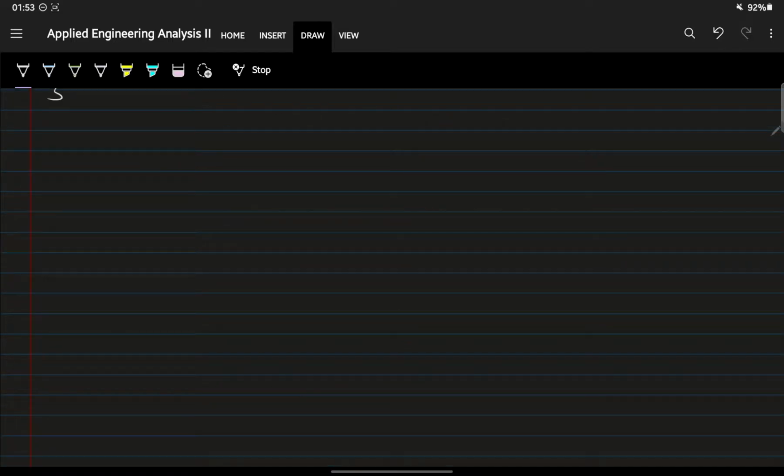Let us consider another example in type 2 in the parametric form. We need to evaluate the surface integral of y dS, where S is the portion of a cylinder given by x square plus y square is 3 that lies between z equals 0 and z equals 6.